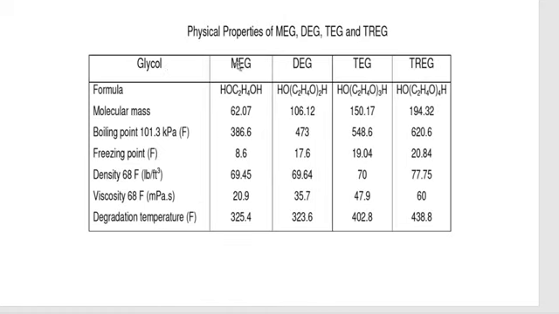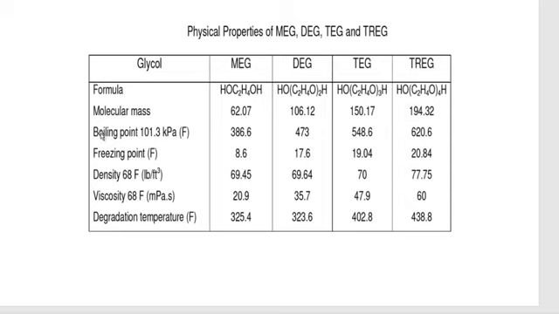The glycol physical properties, in the first column we have monoethylene glycol, diethylene glycol, triethylene glycol, and tetraethylene glycol.